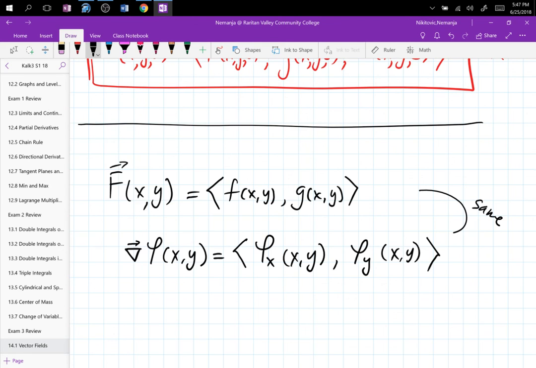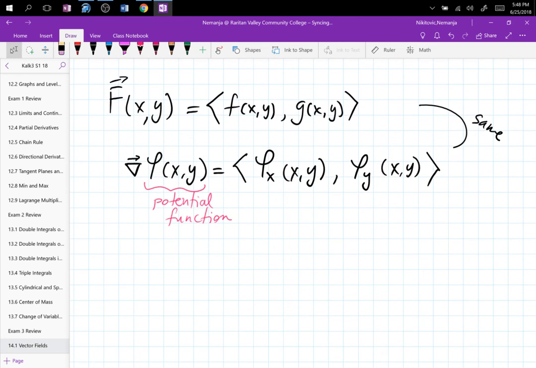So there is a connection, right? And this function phi is going to be called potential function. Potential function. So now we're going to say, and here is the official definition.